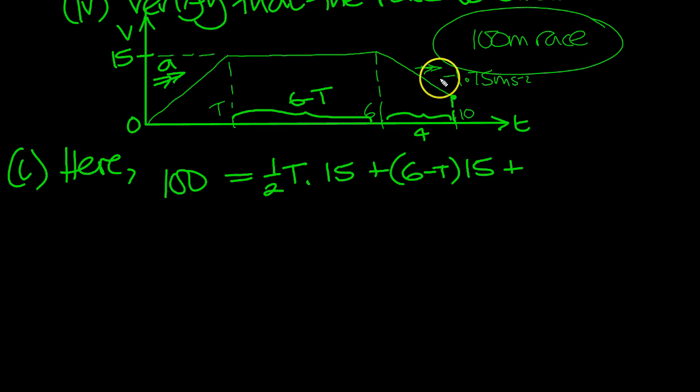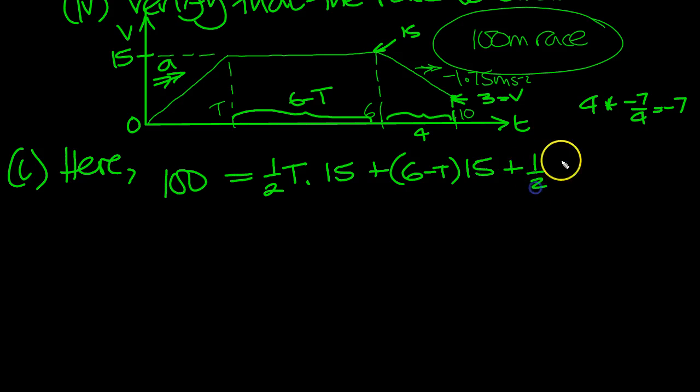We know that it's decelerating from 15 for 4 seconds. So 4 of these will be the speed that it gets down to, won't it? So 4 times minus 7 over 4 as a fraction equals minus 7. So the heights are 15 and 8: it's half times the heights added, 15 plus 8, times the distance across, which is 4.